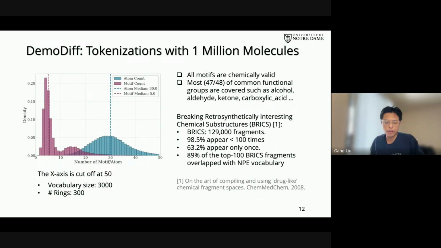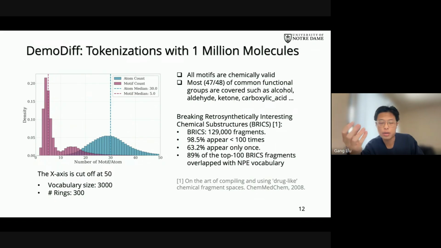After we train our tokenizers with the unit training data, the last figure is a comparison of the atom-level representation and the new multiple-level representations. Here we set the vocabulary size to be 3,000, and we consider only the top 300 rings. Then we run the Node Pair Encoding on the pre-training data to get the motif vocabulary.